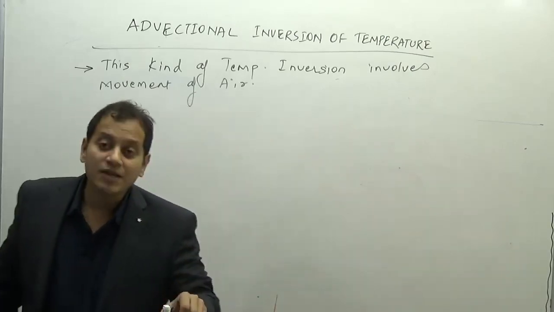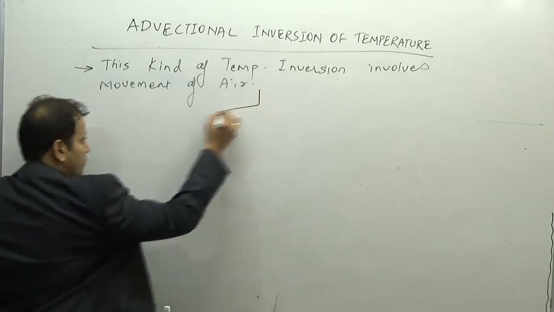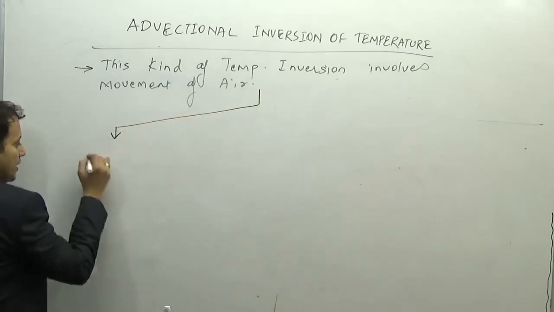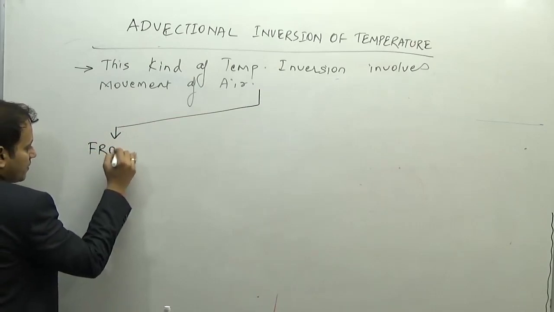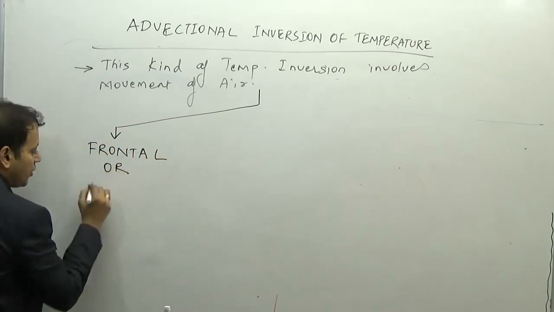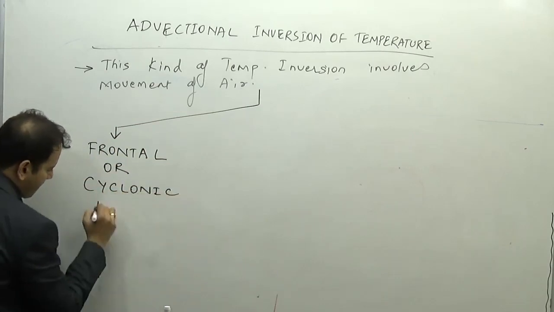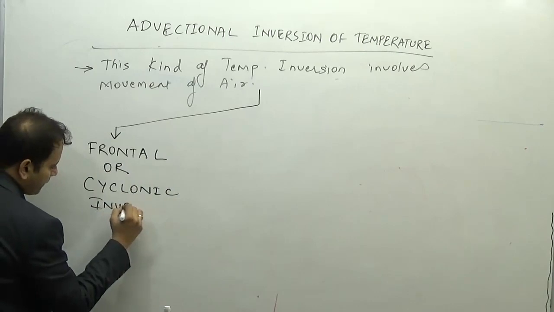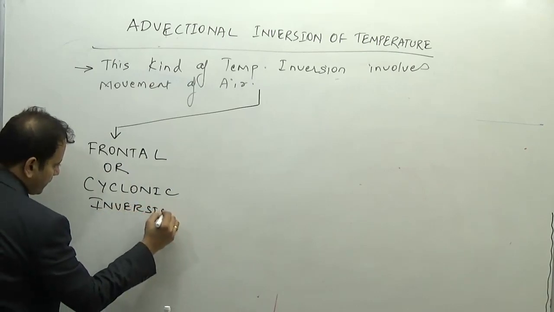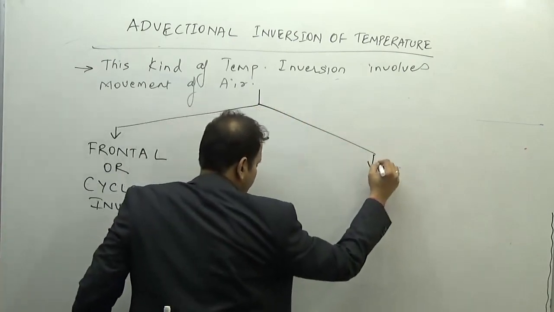Now this advectional inversion is further classified into two types. As I told you, there are two types. One is the frontal inversion or cyclonic inversion, and the other is valley inversion.